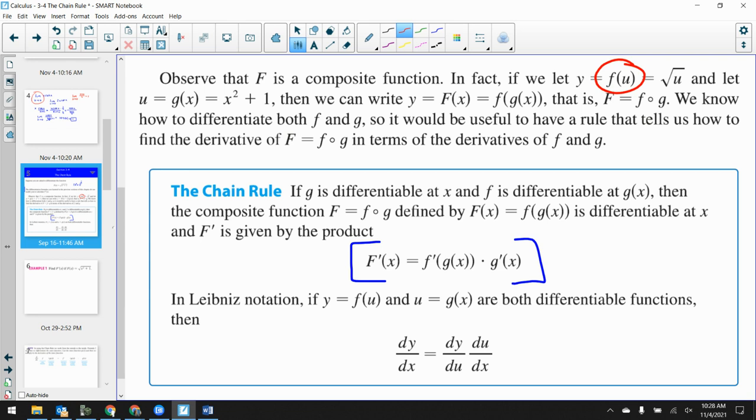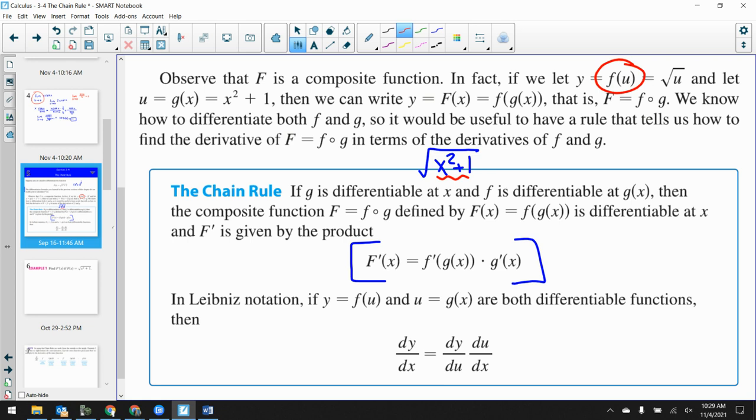So if we let the inside function be another function, I like this notation because it's calling it g of x and f of x. So if I let the innermost function, let's call it g, be a separate function, for our purposes with the square root of x squared plus 1, the innermost function was x squared plus 1, and the outer function would just be the square root of x.